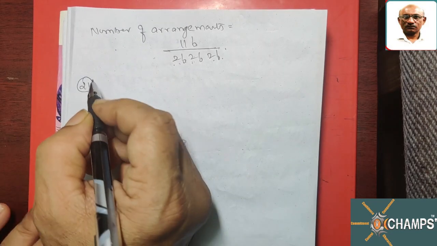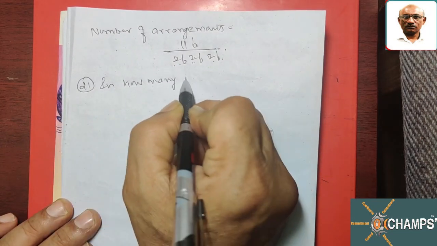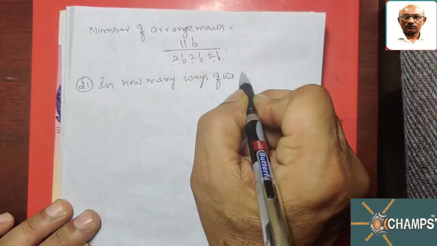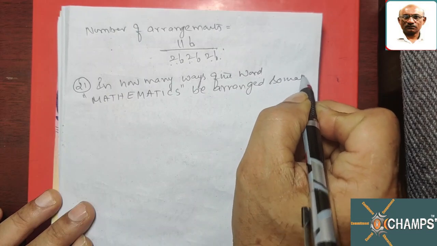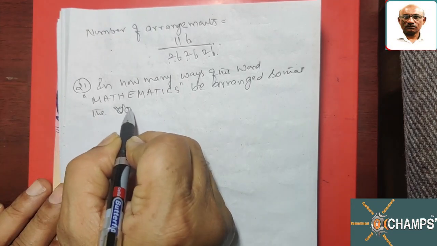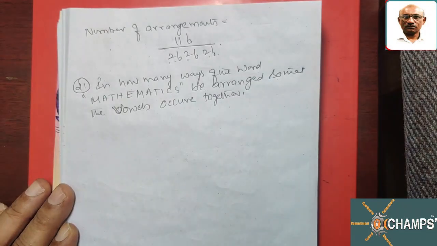Now see question number 21. In how many ways can the letters of the word mathematics be arranged so that the vowels occur together?